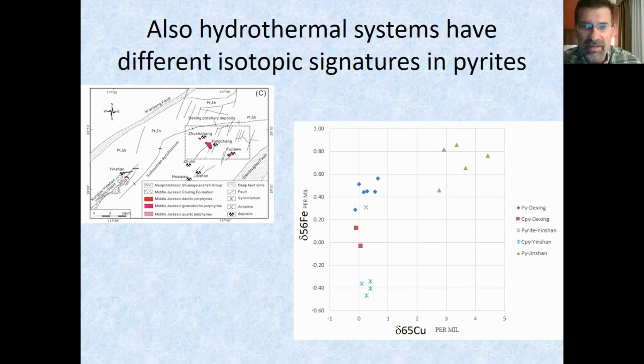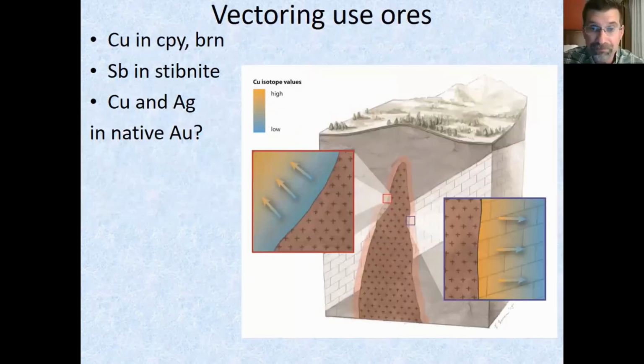This is just work that I've done, but several other articles have looked at iron specifically in pyrite in gold deposits and have seen similar results, with large variation and large potential to vector to source.